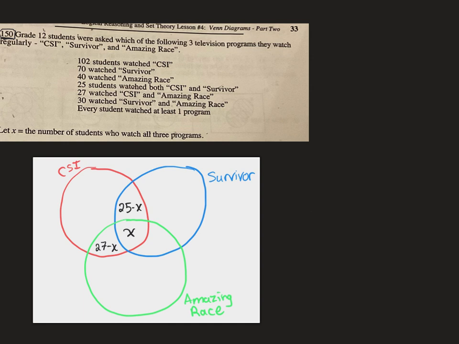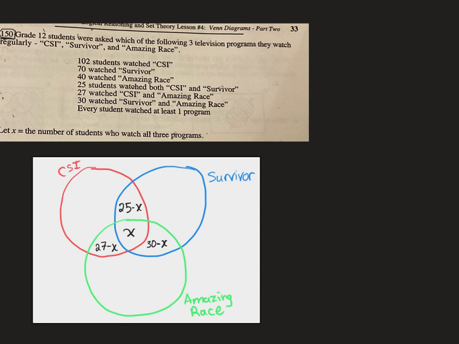Now, next one. 30 watch Survivor and Amazing Race, so blue circle, green circle, overlap. Those 2 regions add up to 30. So this one we don't know, we're going to call 30 minus X to take away that other one that we called X. All right, we're doing good.